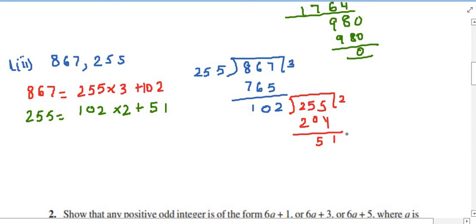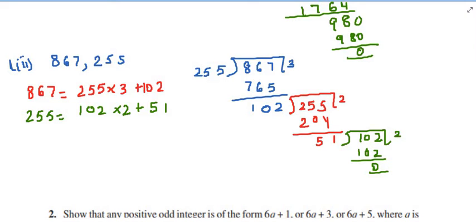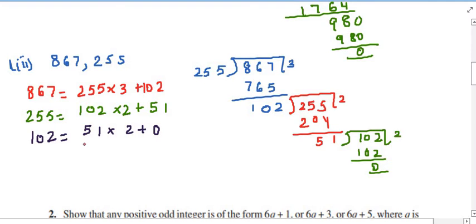We'll continue now. 102 is the dividend. 51 times 2 is 102. The remainder is 0. So we can say 102 is equal to 51 times 2 plus 0. So what is the HCF here? Yes, the HCF is 51.